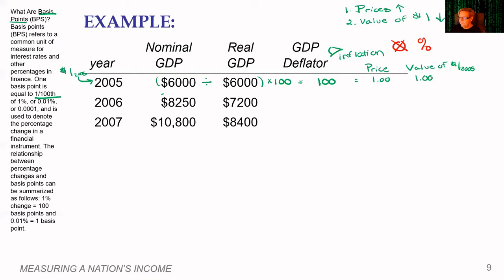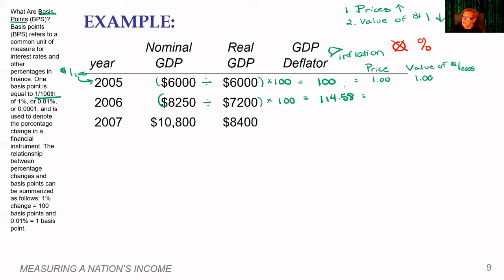So we have 8250 divided by 7200 times 100. And I'm going to grab my calculator, and that ends up being, let's see, 8250 divided by 7200 times 100, 114.58.